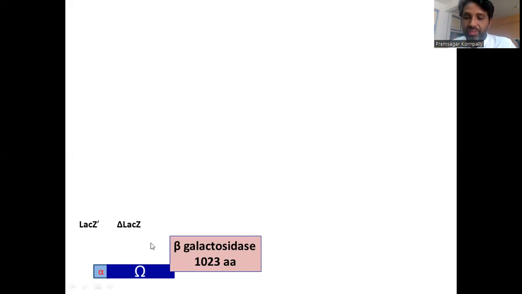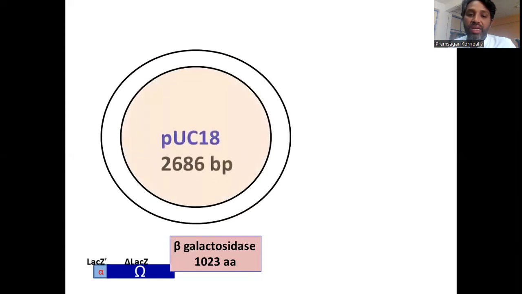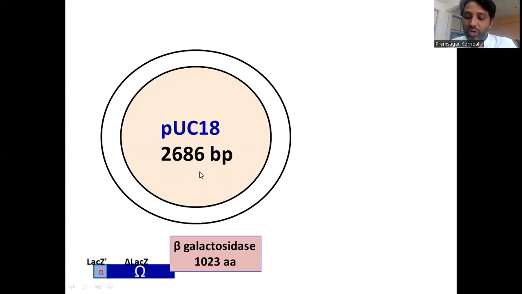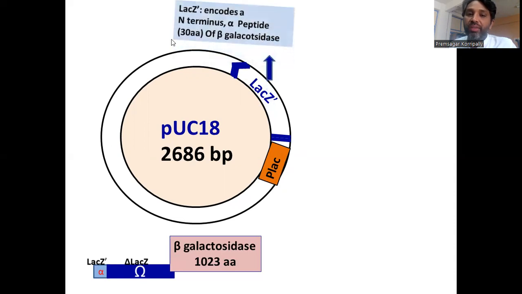Next, we will see the vector. Here, we use pUC18, whose size is 2686 base pairs, and it has four important properties. The first one is PLAC, a lactose promoter. Under the promoter, there is a LAC-Z prime region which encodes the alpha peptide, 30 amino acids long.